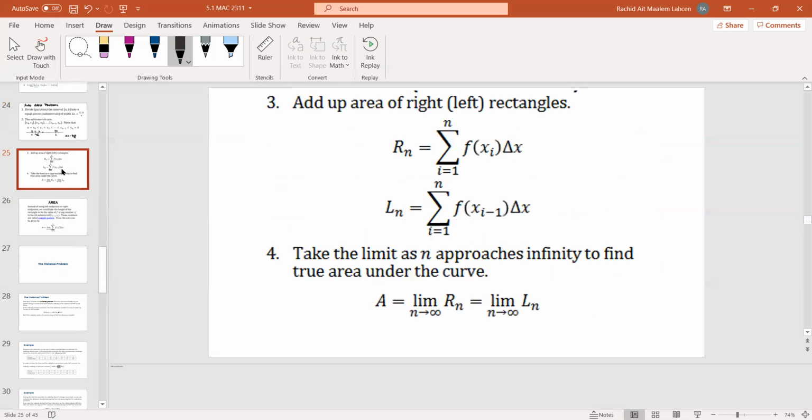So after you do that, you can now add the area to the left or the right. It depends. There are two methods, and we'll see these two in the exercises. Or you can take the limit as n approaches infinity to find the true area under the curve.